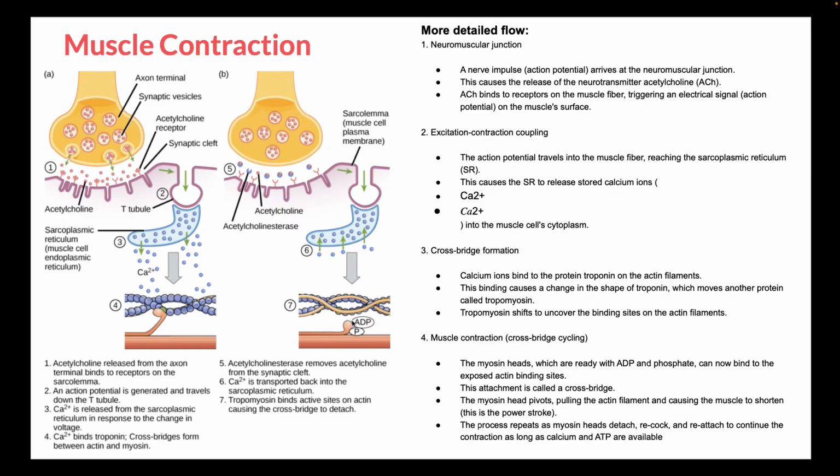Once it detaches, you see that the troponin and the tropomyosin will come back to their place again, and the binding site of the actin will be covered, and the calcium that was used to bind to the troponin will be absorbed back into the sarcoplasmic reticulum, and the myosin will also pull back, and relaxation will occur. So it's just a reverse. That's how muscle contraction occurs in our body.